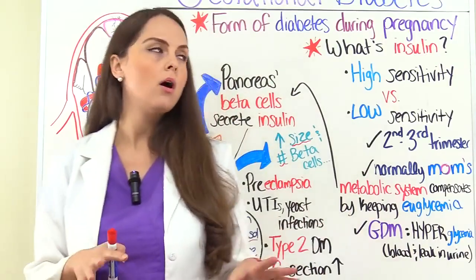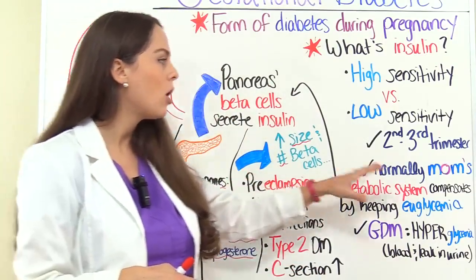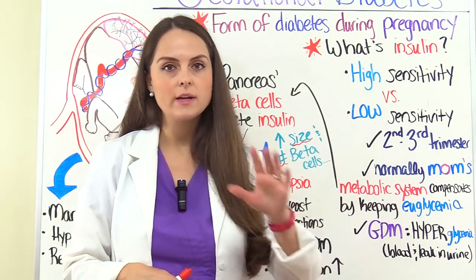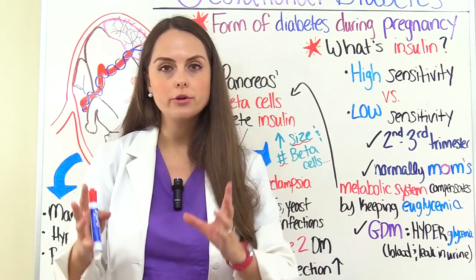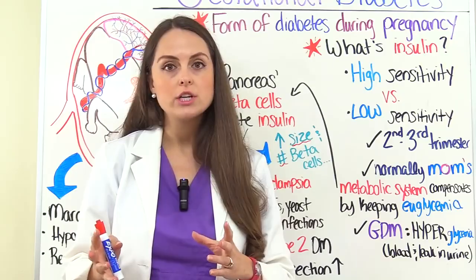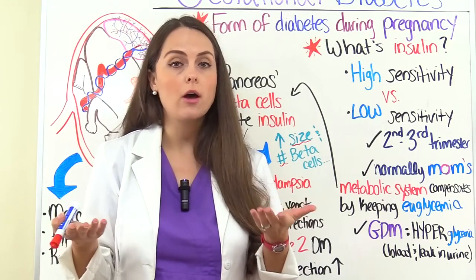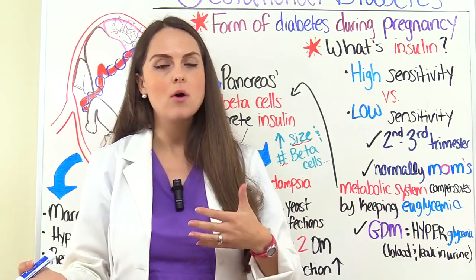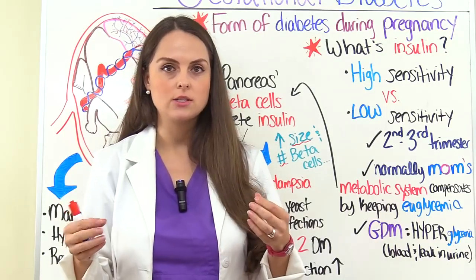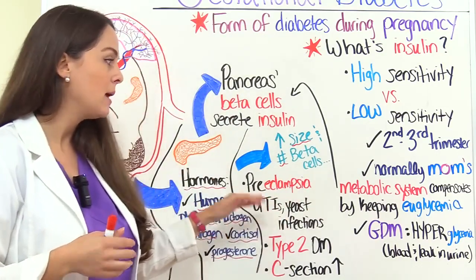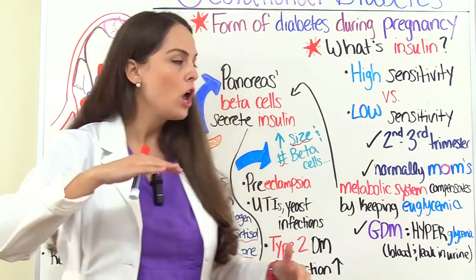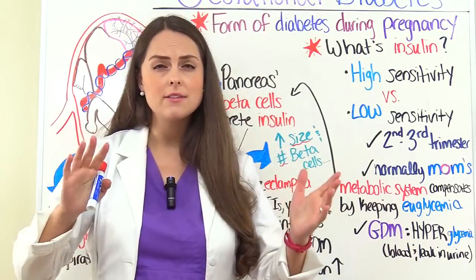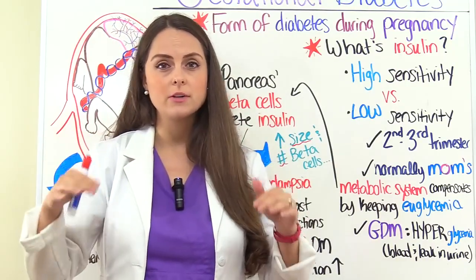So normally, mom's body is going to be able to compensate for this low insulin sensitivity, because when we have this, we have more glucose staying in her blood, which can increase her blood glucose level, which could potentially cause hyperglycemia. But in moms who don't get gestational diabetes, her metabolic system is compensating because it wants to maintain euglycemia, normal glucose levels, about 70 to 130 milligrams per deciliter.